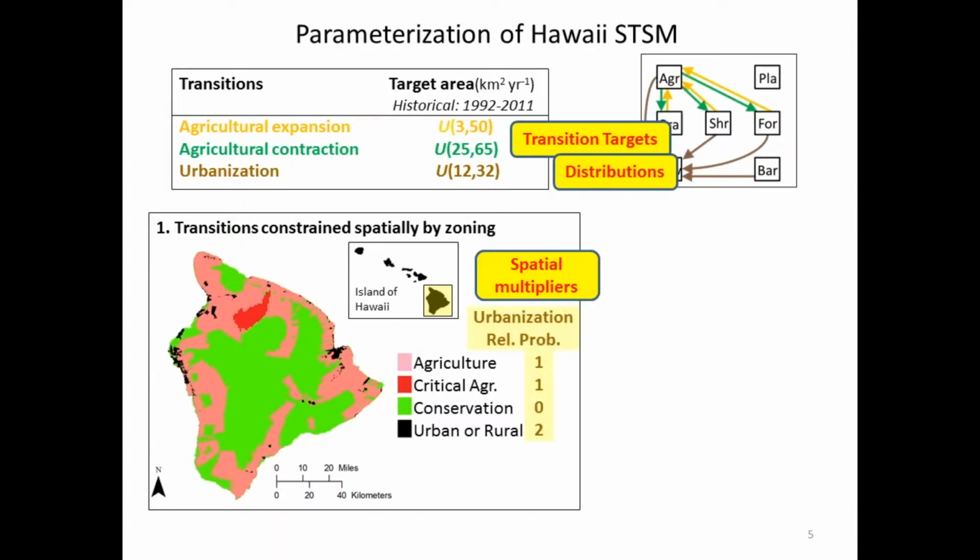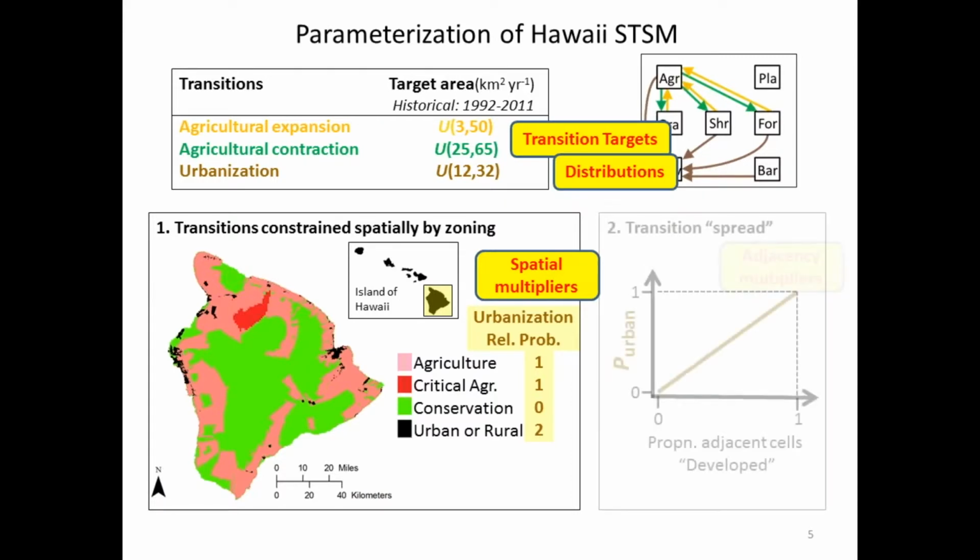So for example, urbanization, we knew that it couldn't happen in conservation areas, areas zoned as conservation. It might happen in agricultural areas, and it was most likely to occur nearby to urban or rural areas, okay? So we could modify the probabilities so that it was twice as likely to happen in and around existing urban areas as it was into agricultural.